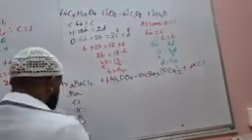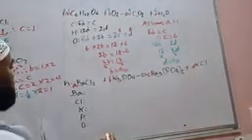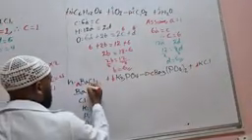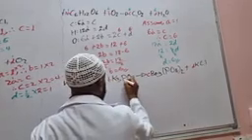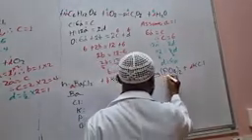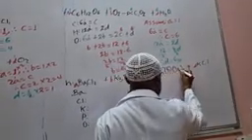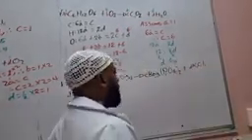Now I'm going to assign the subscripts. Barium 1, chlorine 2 in the reactant; potassium 3, phosphorus 1, oxygen 4. In the product, barium 3, phosphorus 1 inside, oxygen 4 inside, potassium 1, chlorine 1.